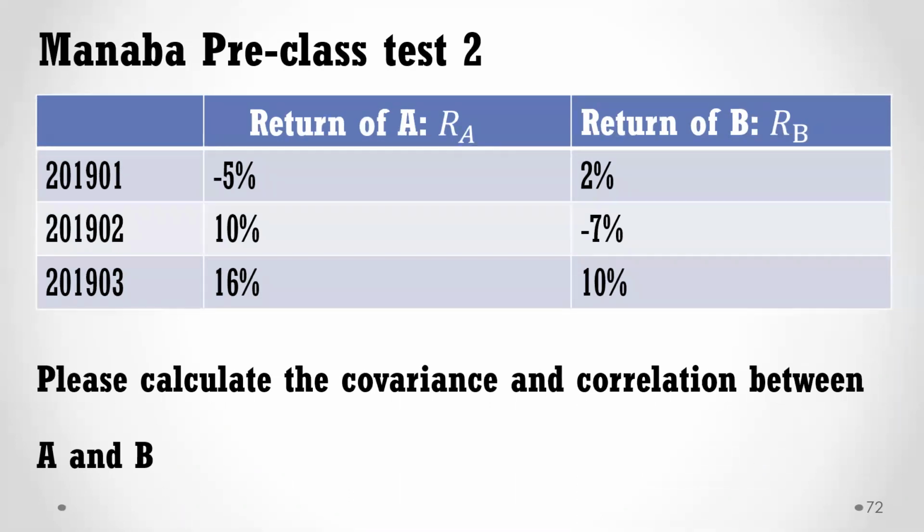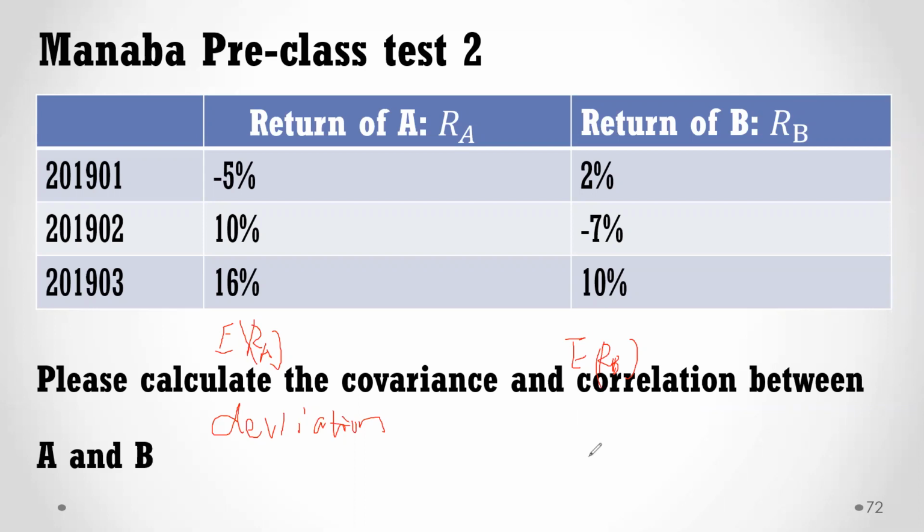So first calculate the average of A and the average of B. Then calculate the deviation of A and the deviation of B. Then calculate the product of the deviations, and the average of the product is the covariance.